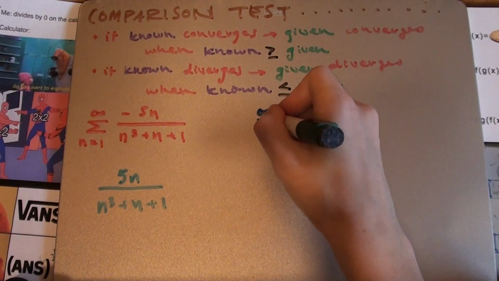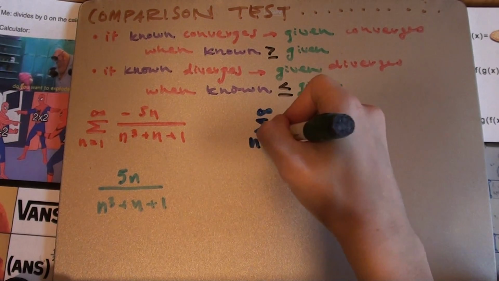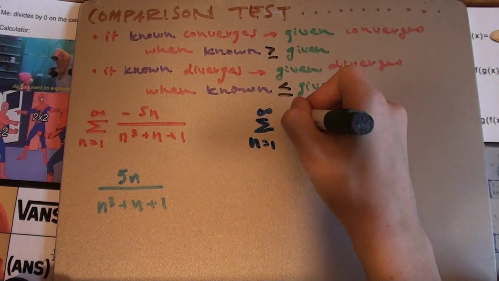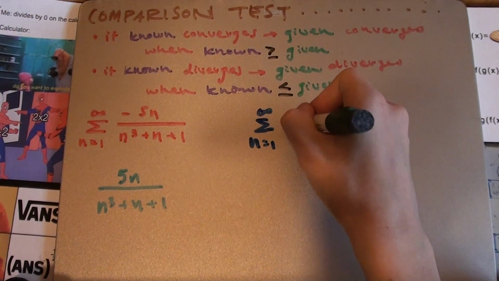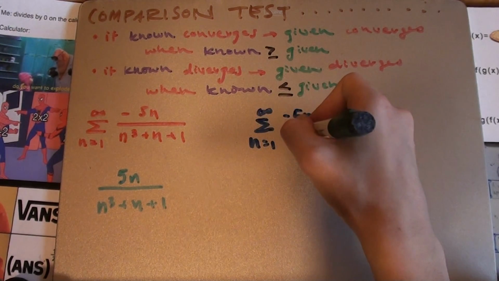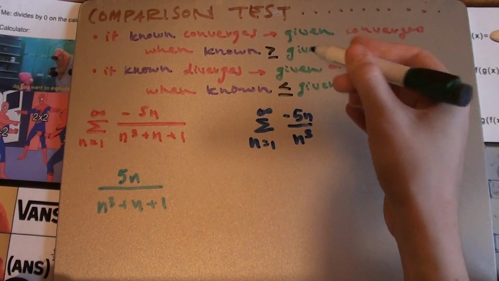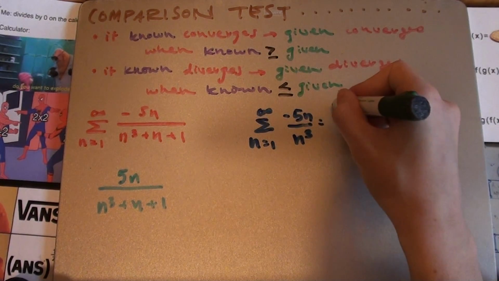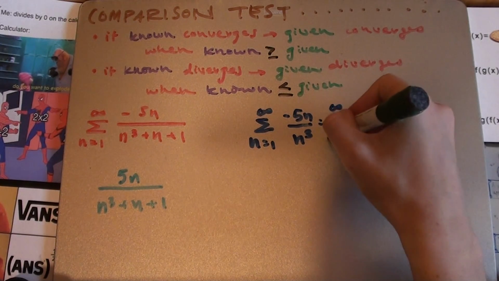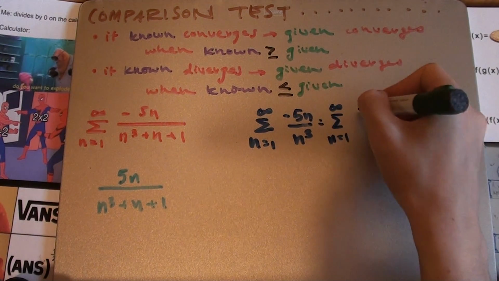How would we see that? If we rewrite it as 5n over n cubed, and we just get rid of the n plus 1, this would be the same thing as saying we have a series from n equals 1, and our n's would cancel out.